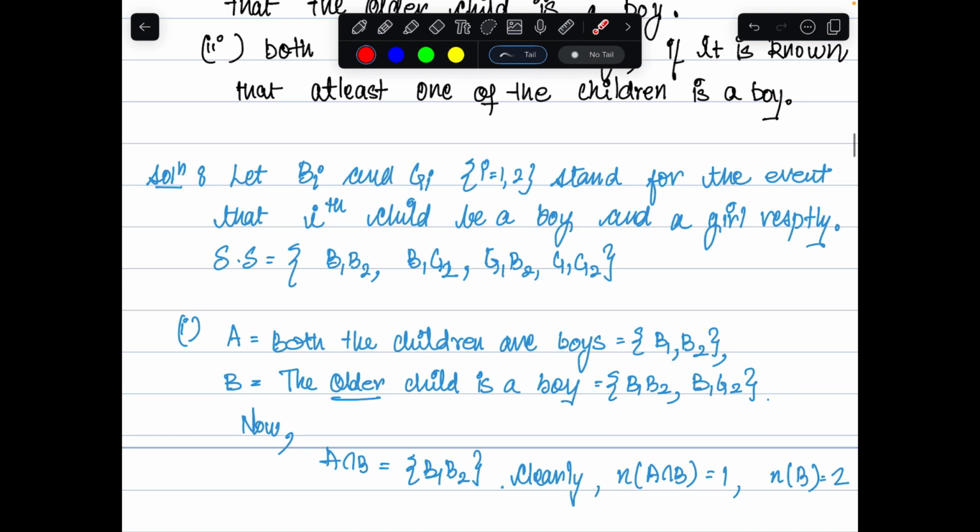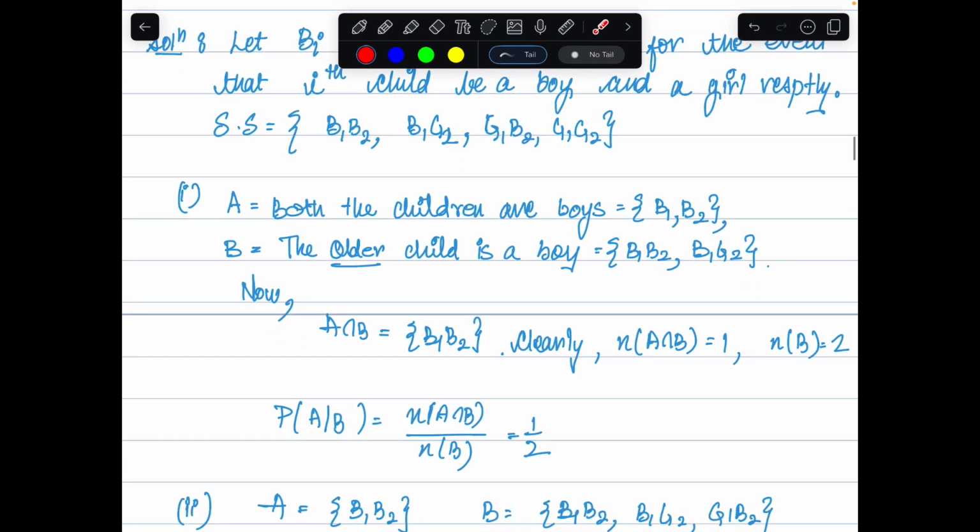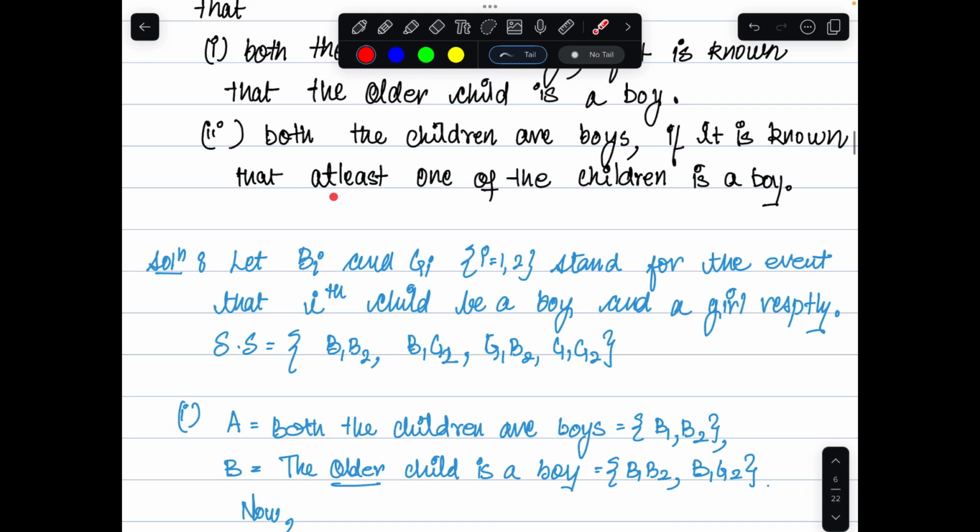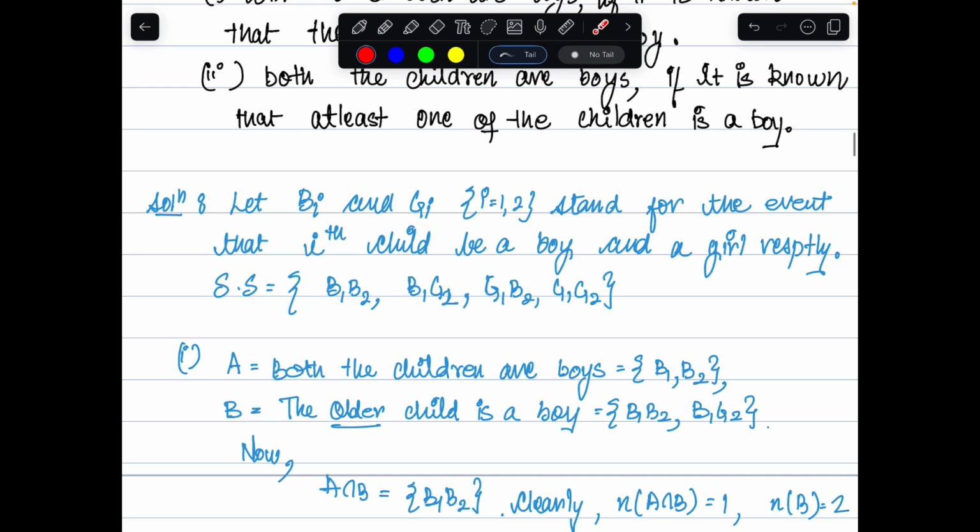Okay? See, if I just take 1 boy and 1 girl, how will the order define? It will just define BG or GB, that's all. First is a boy, second is a girl. First is a girl, second is a boy. What about boy, boy? Now I can't take both BB, right? I just need to differentiate. I need something to differentiate, and that's the reason we have gone with this index.